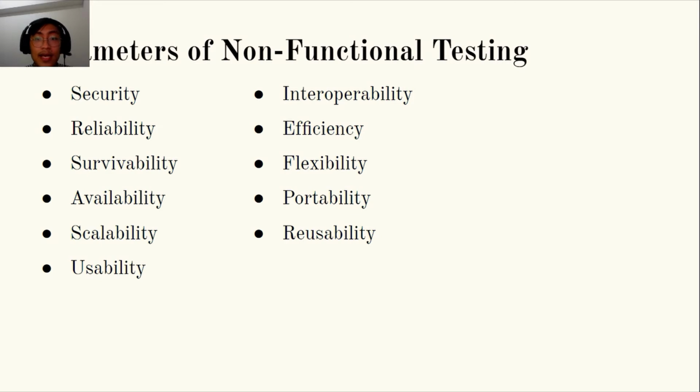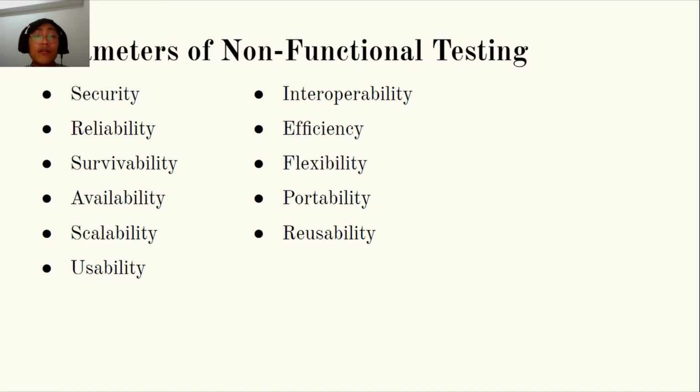Next is interoperability. This non-functional parameter checks a software system's interfaces with other software systems. This is checked by interoperability testing. Next is efficiency. This is the extent to which any software system can handle the capacity, the quantity, and also the response time.